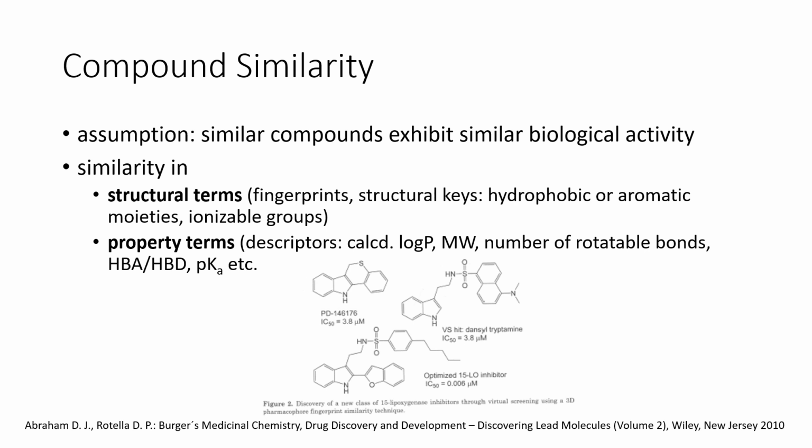In terms of properties, we can describe molecules, for example, with calculated logarithm of partition coefficient, or with molecular weight, number of rotatable bonds, number of hydrogen bond acceptors or donors, or pK value, and so on.